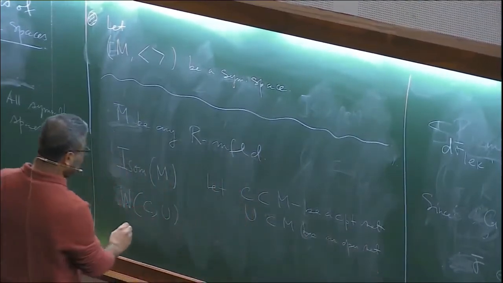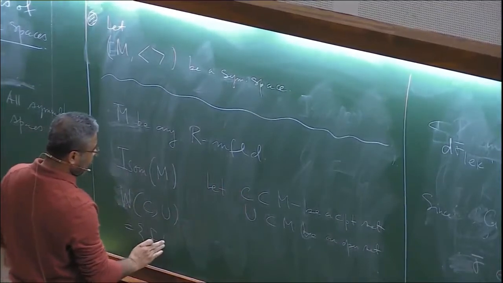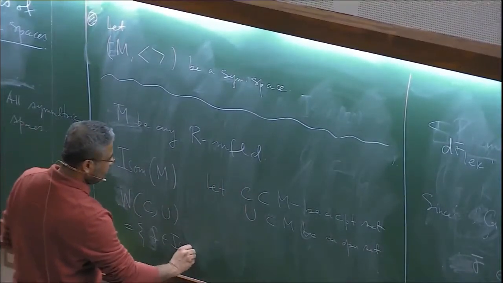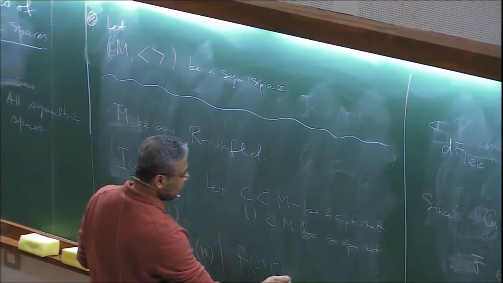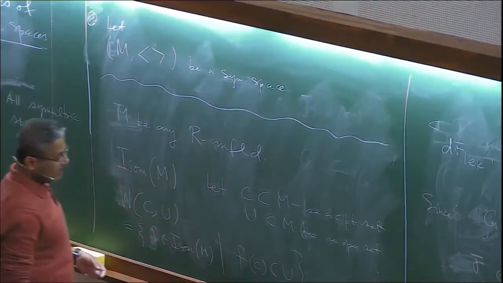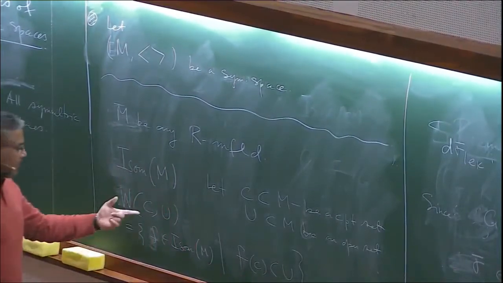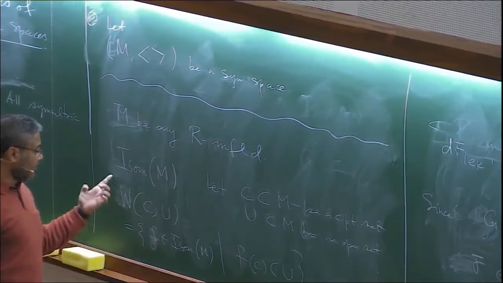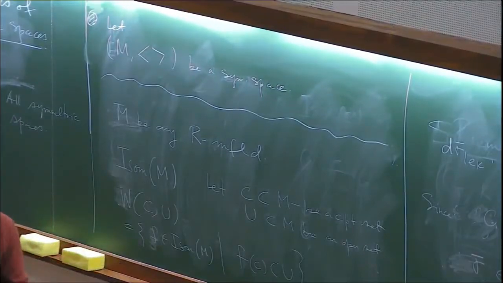Then I consider maps f, or maybe f in isometry M to M, for which the compact set is taken to U. Okay, so this is just a set, and this is going to be a subbase for a topology if I vary compact sets and open sets.